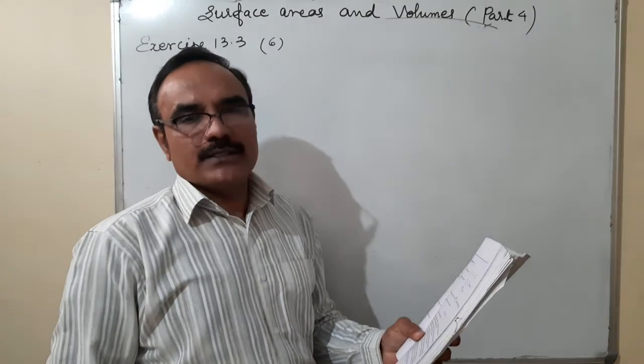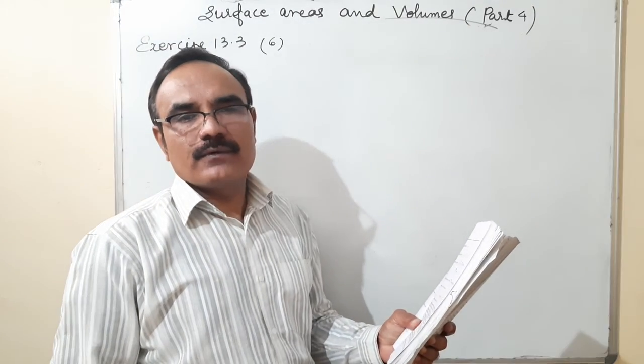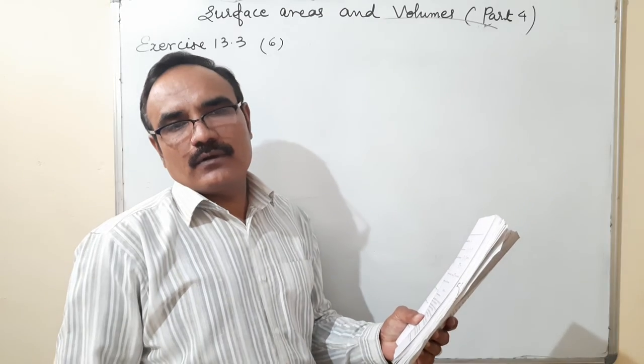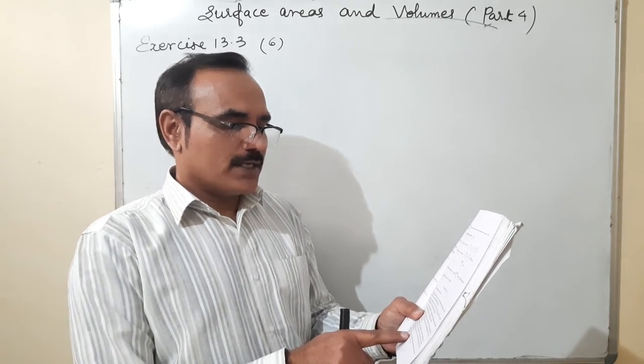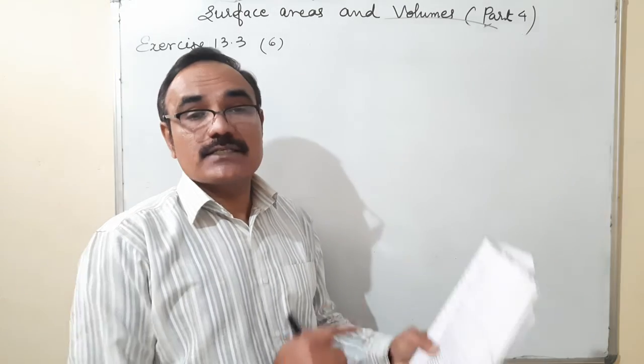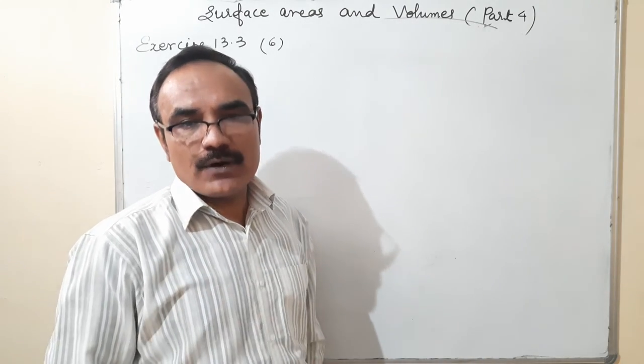How many silver coins? Are silver coins in the shape of a circle? No. They are in the shape of a cylinder because thickness is given. Coin 1.75 centimeter diameter and thickness is also given, so it is in the shape of a cylinder.